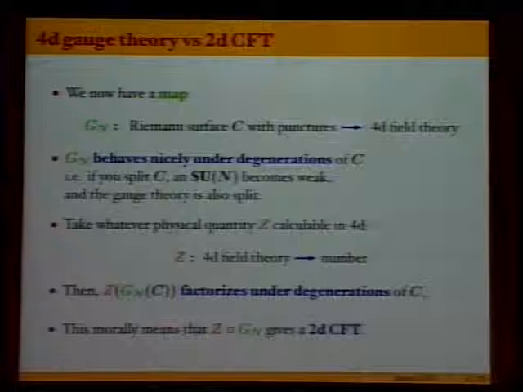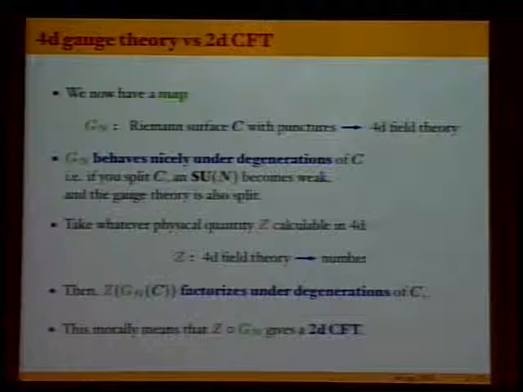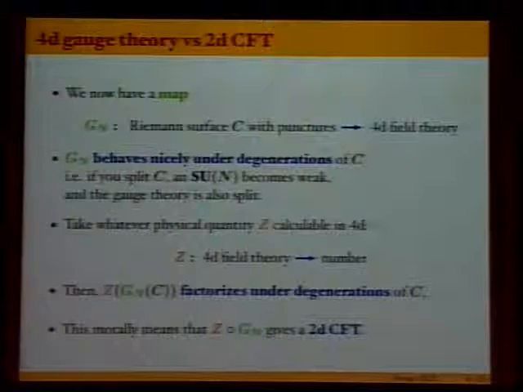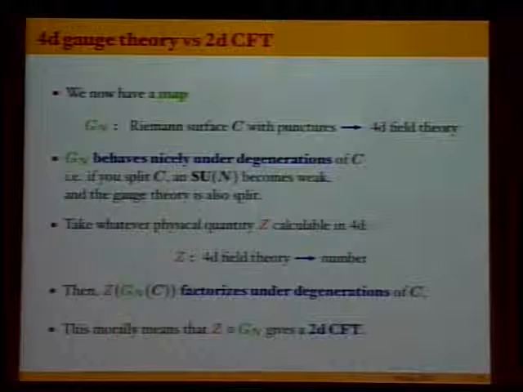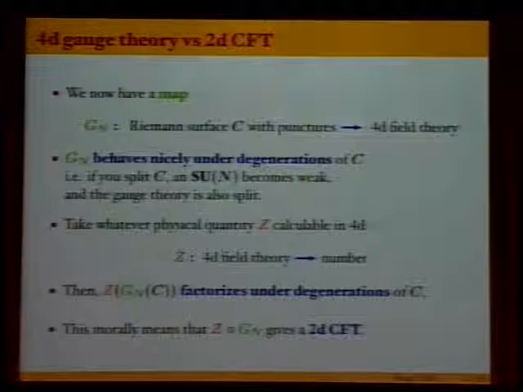Then you can easily see, because this map G_n factorizes nicely under the degeneration, this combined map, which just assigns a number for a given Riemann surface, also factorizes under the degeneration of the Riemann surface. So morally speaking, this means that this combined map is a 2D CFT, because 2D CFT is, abstractly speaking, a set of assignments of numbers for punctured Riemann surfaces, which behaves nicely under the decomposition of the Riemann surface. Okay, so this is a rather mathematical way to present how to understand what is going on.